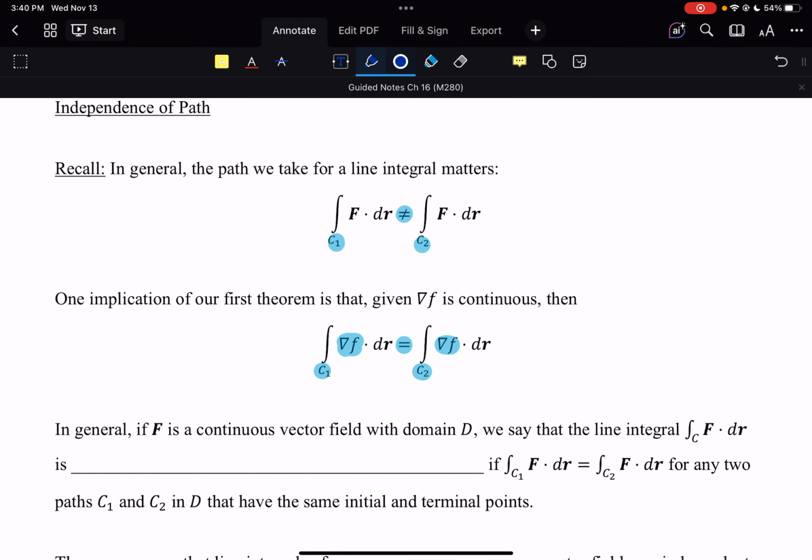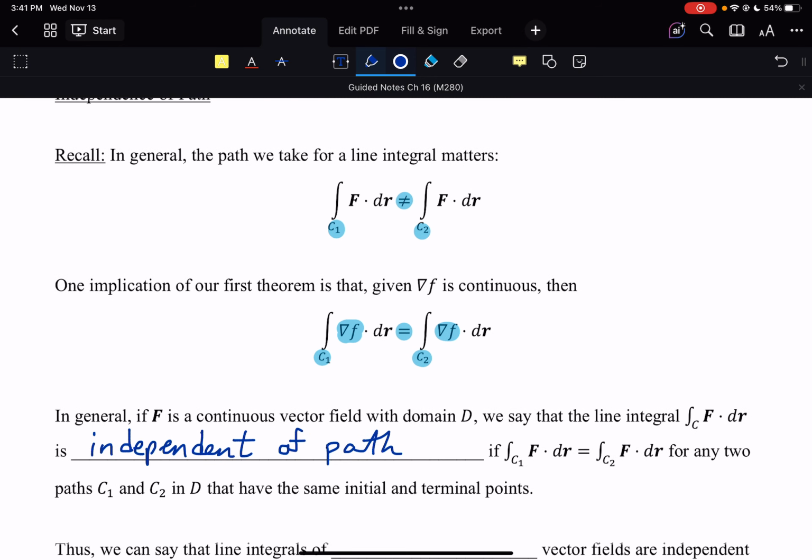In general, if f is a continuous vector field with a domain D, we say that the line integral over C is independent of path if the line integral over C1 equals the line integral over C2 for any two paths, C1 and C2 in D, that have the same initial and terminal points.